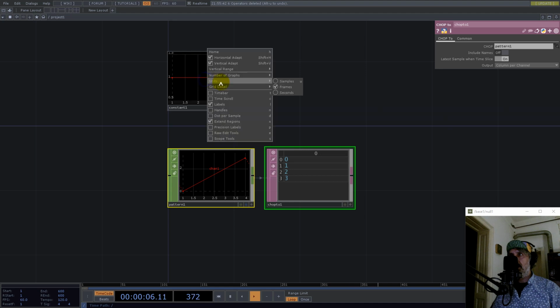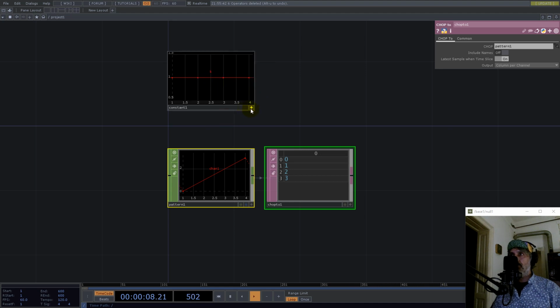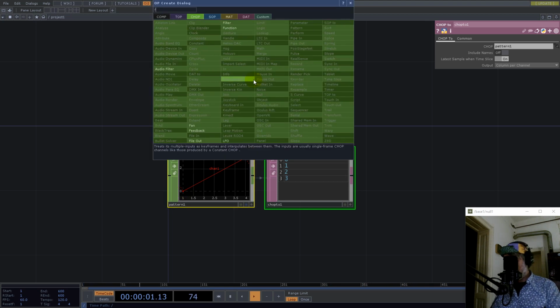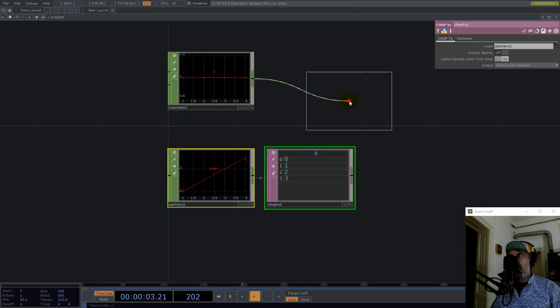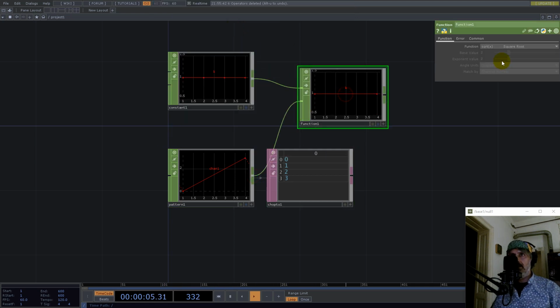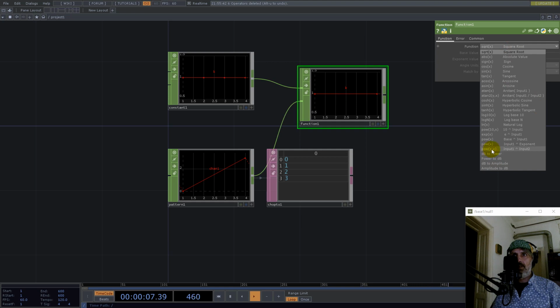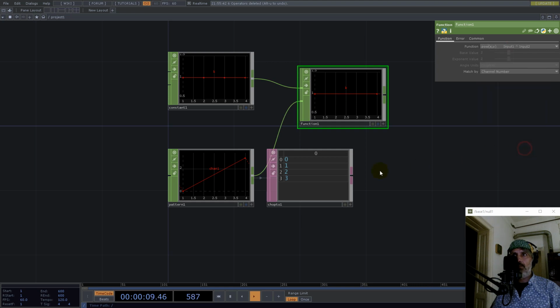Let's find out a sequence where each of those k samples are powered by their indexes, and we have their indexes here. So we use a function, okay, and this one, power x, y, input 1, input 2.